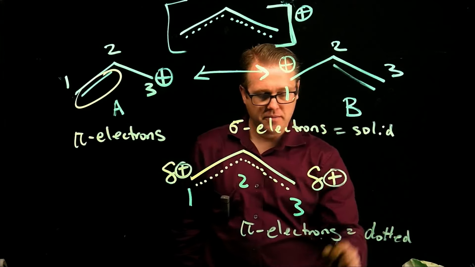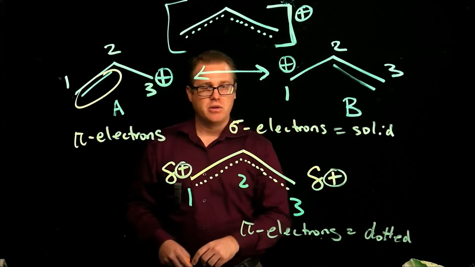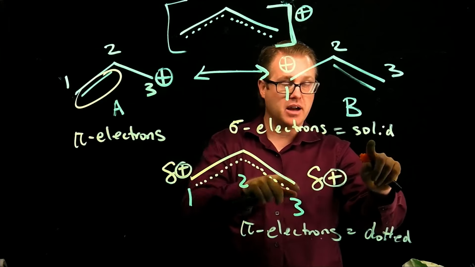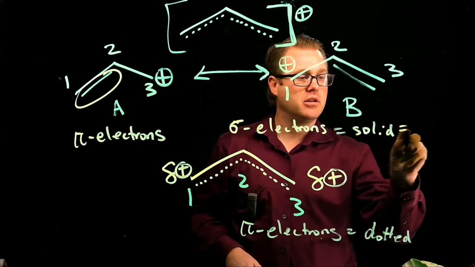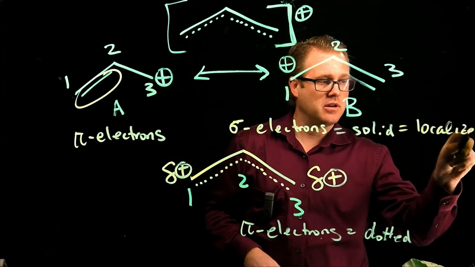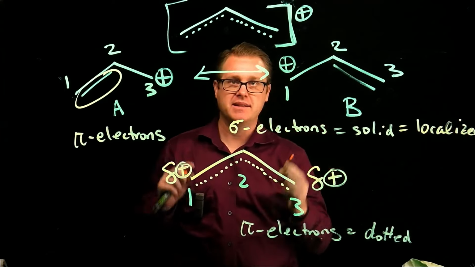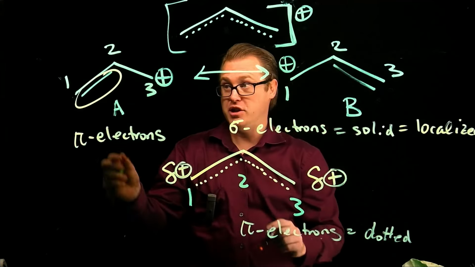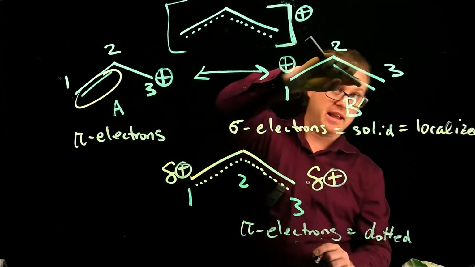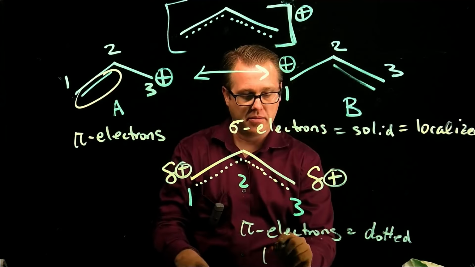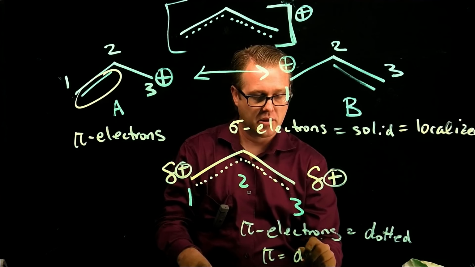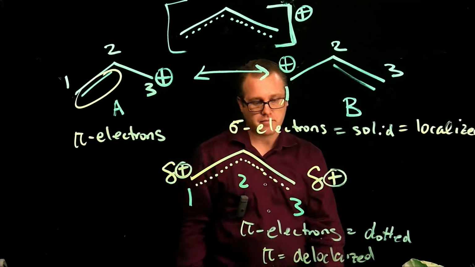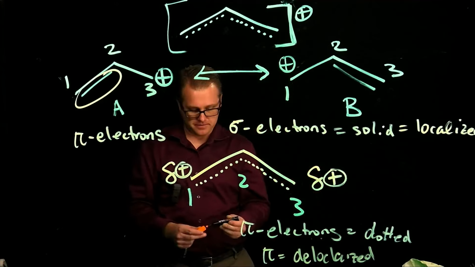So another thing we can say is the sigma electrons, solid line, are also localized. They're localized electrons because they don't move. But the pi electrons do move, as you can see, the pi bond there, then there. So the pi are delocalized. Very important to understand.